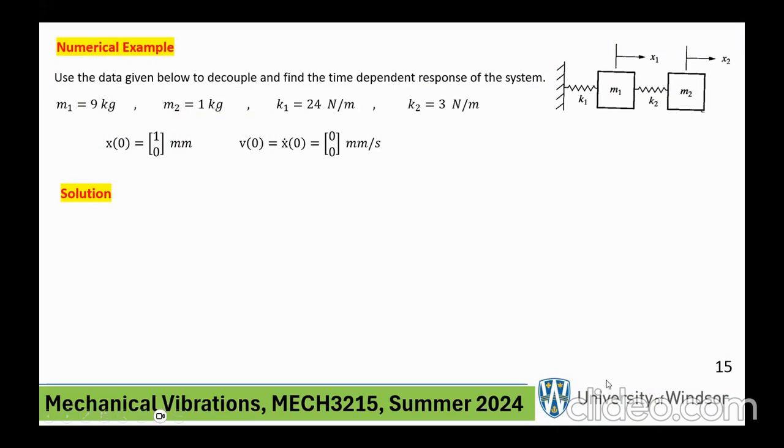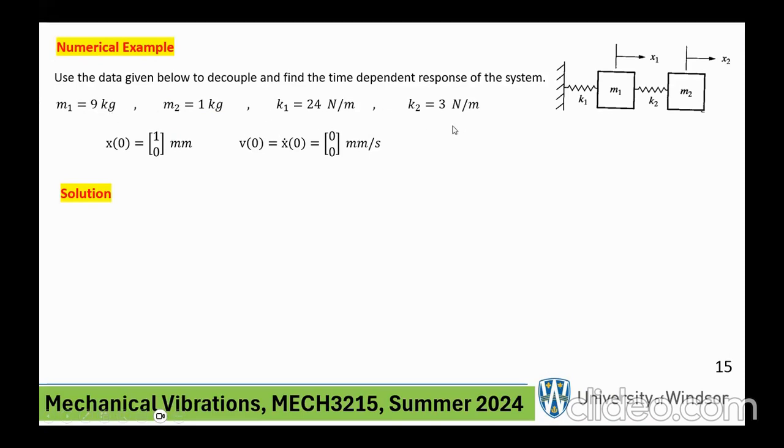Okay, so we want to continue with this particular problem and solve the equation of motion for the given initial condition. Now you might say, why am I doing this again? Because we have already found the natural frequencies and the mode shapes, and we have already decoupled them.